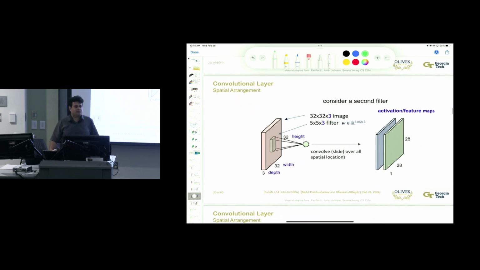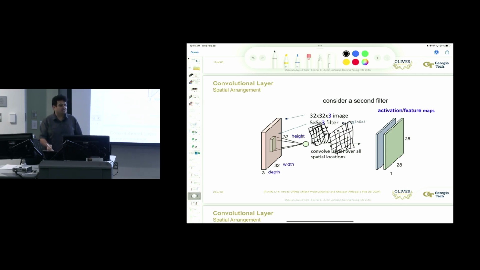Now, as I mentioned before, we're not limited to just using one kernel. We can use more kernels. So instead of having a 5 cross 5 cross 5 kernel, sorry, I'm using 5 cross 5 here, so let me use the same terminologies, I can have 2 5 cross 5 cross 5 kernels, right?